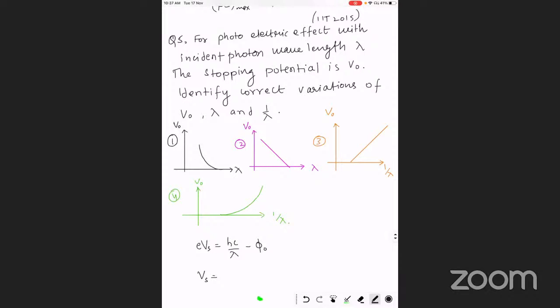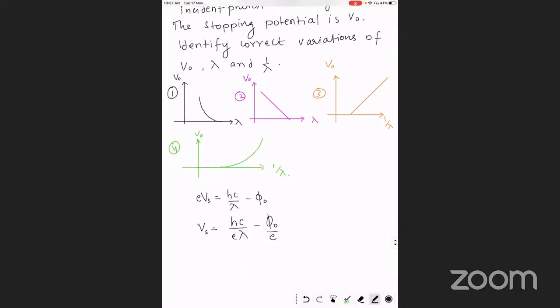So you can write stopping potential is equal to hc by E lambda minus work function by E. So now if you compare this and you assume lambda as x and stopping potential as y, because you are taking stopping potential on y-axis and lambda on x-axis in 1 and 2. Look at graph 1 and 2. So you can write it like this: m upon x plus c.